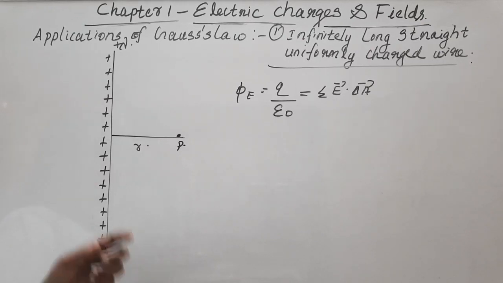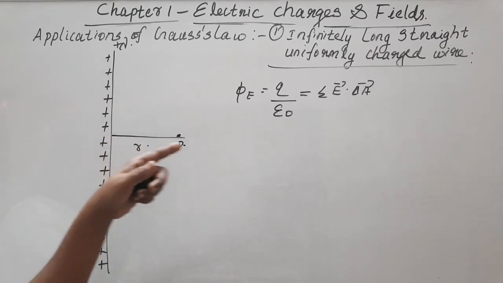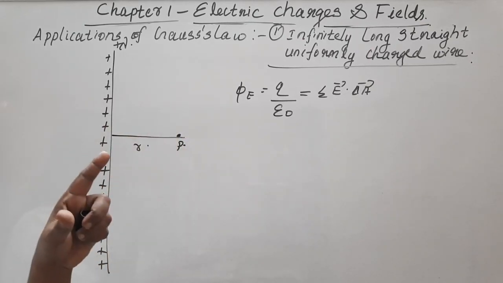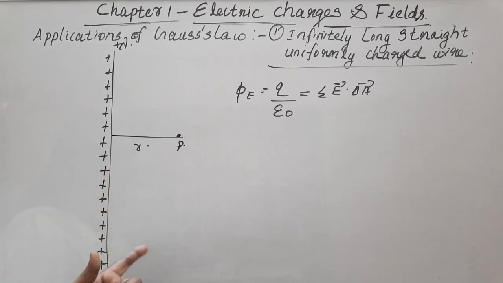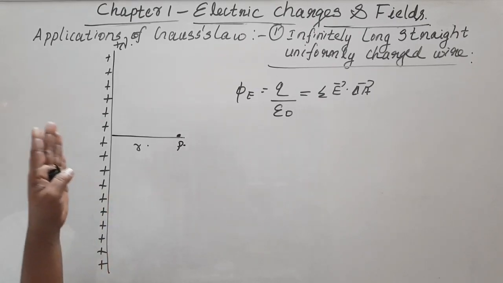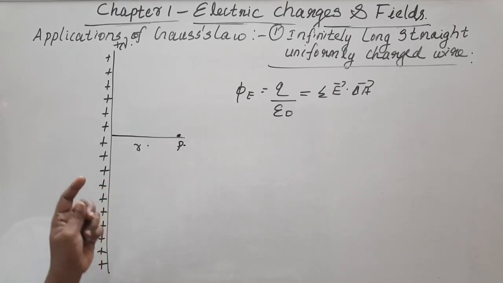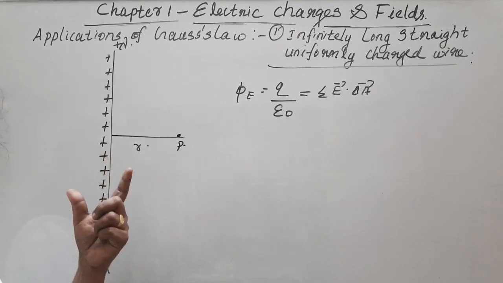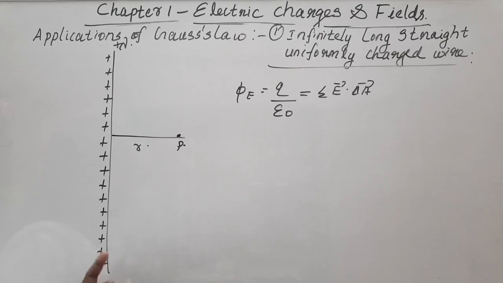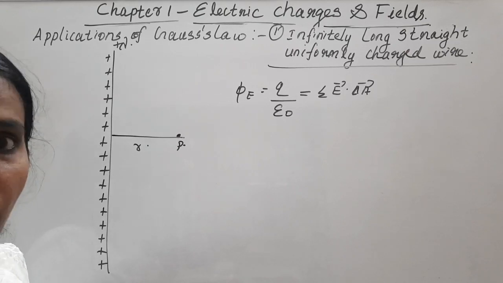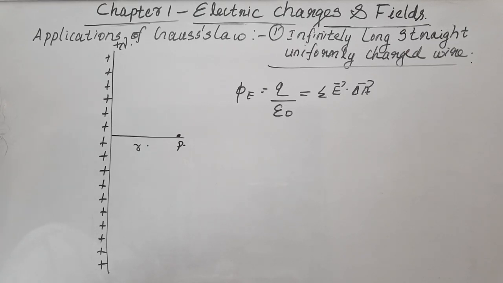So keeping this as the center, at all points which are at a distance r from the wire, the electric field will be the same. That follows from the symmetry, because all those points are alike with respect to this uniformly charged wire. So at all those points, the magnitude of electric field will be the same.